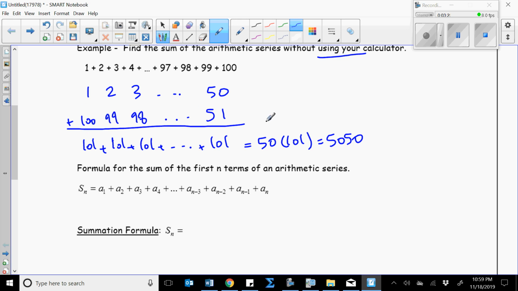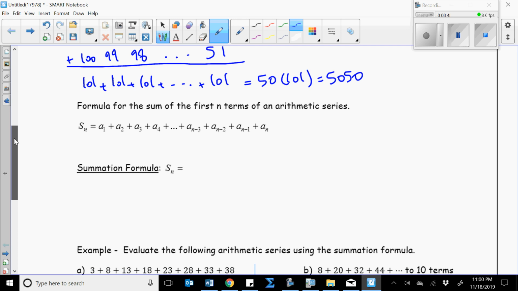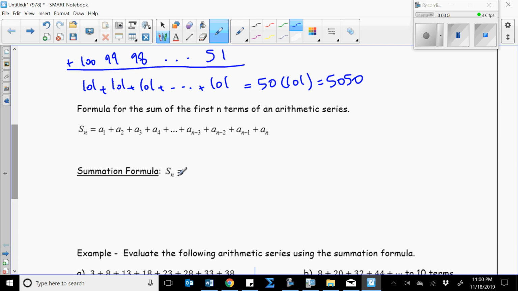So 1 plus 100 is 101, and then multiplied by half of the number of the terms that he had here. From 1 to 100 is 100 terms, and half of that is 50. So he multiplied half of the number of terms by the first term plus the last term. So we can apply that to find the summation formula.